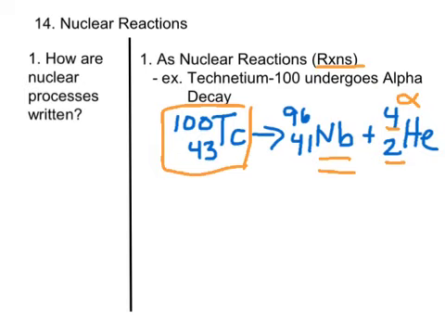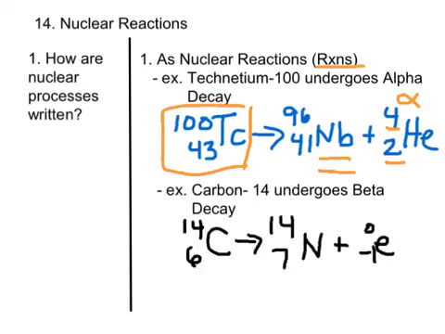All right, here's a second example. This is an example of carbon-14, so carbon with a mass of 14, undergoing what's called beta decay. All right, it's a different kind of radioactive process or nuclear reaction, and here again we've got carbon-14 to start with, so its mass is 14 and it's got 6 protons.